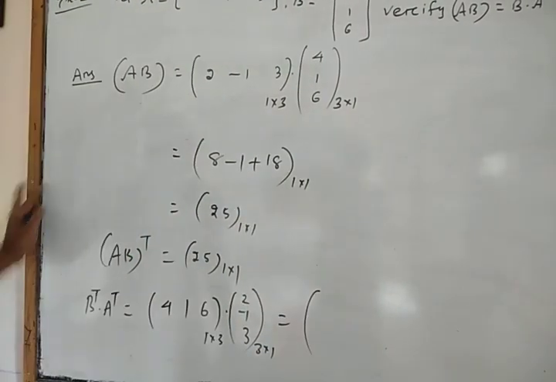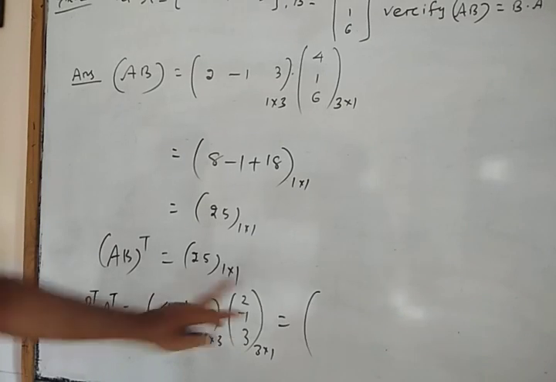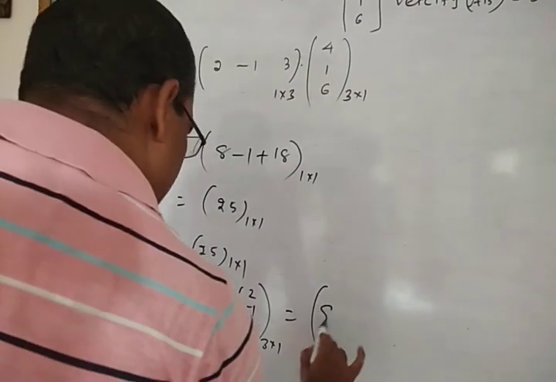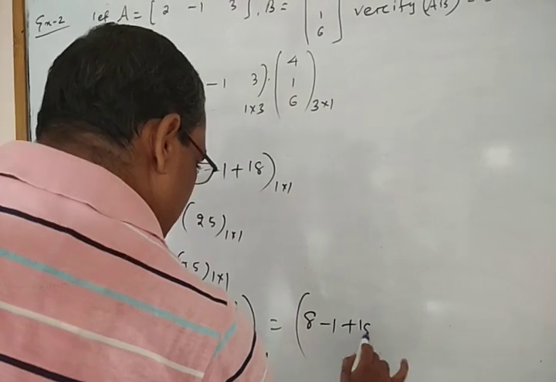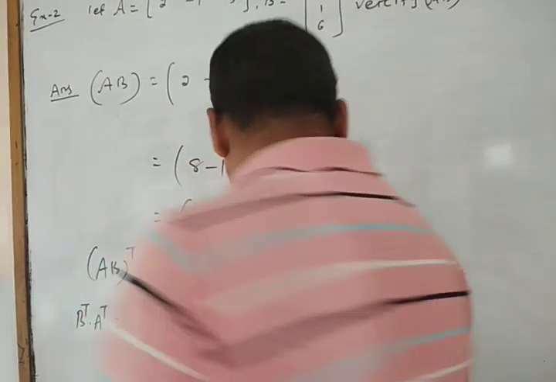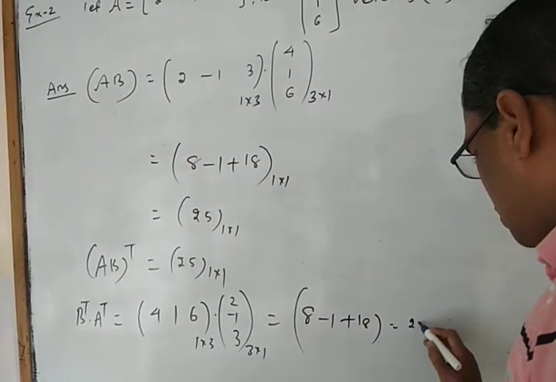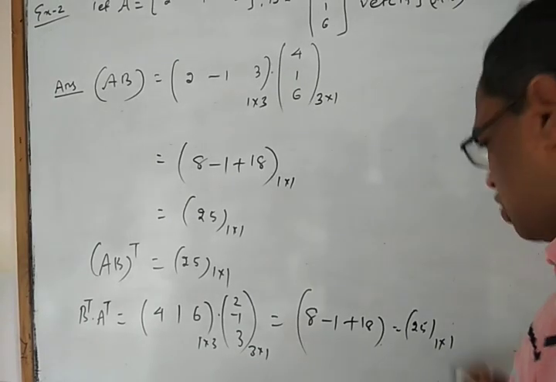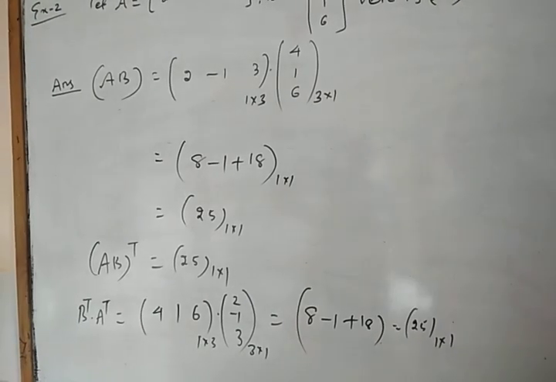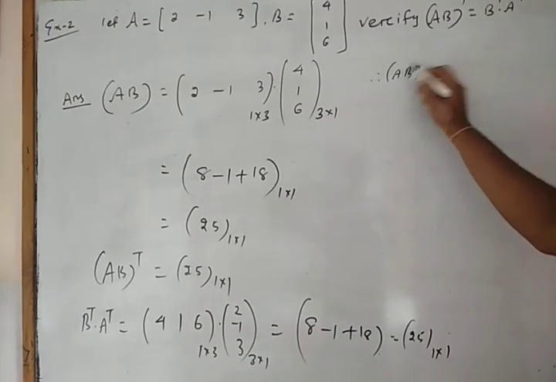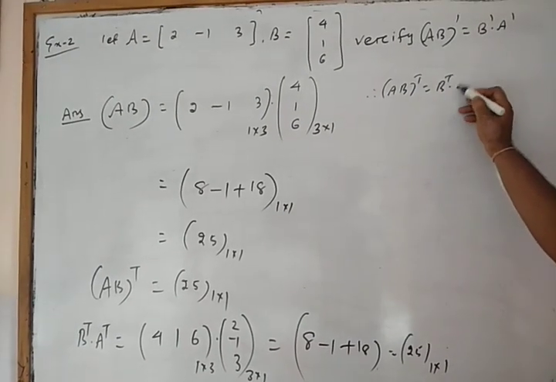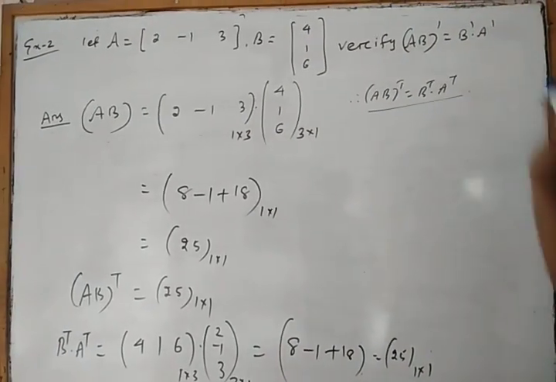So how to multiply? You have to multiply row into column. So 4 into 2 is 8, 1 into minus 1, 6 into 3 is 18. So this is 8 minus 1 is 7 plus 18 is equal to 25 and its order is also 1 cross 1. Clearly AB transpose equals B transpose into A transpose.